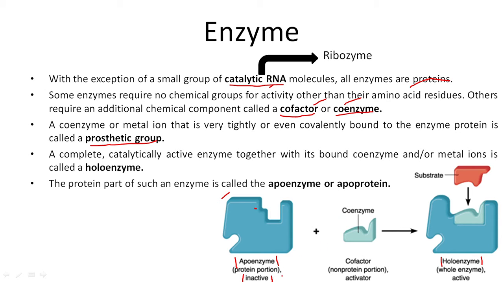So the apoenzyme part is inactive. Holoenzyme is a whole enzyme, means it has a protein portion and a cofactor or coenzyme portion, that is non-protein portion. This whole is active, means this is an active enzyme which can work and perform its activity. The holoenzymes are active and apoenzymes are inactive.